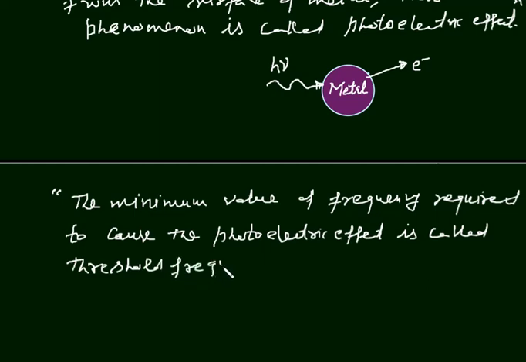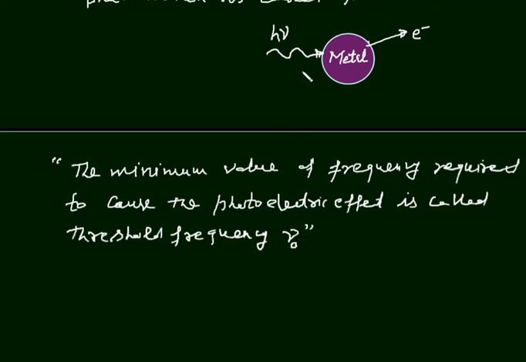And it is written as nu naught, this 0 is put as subscript here. It means that if this frequency is greater than or equal to nu naught, photoelectric effect is possible.